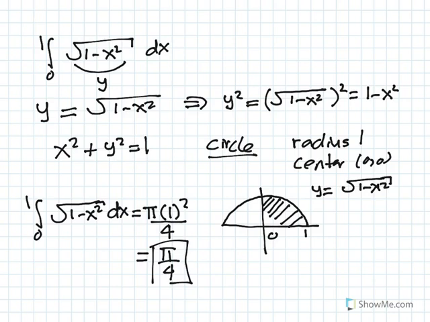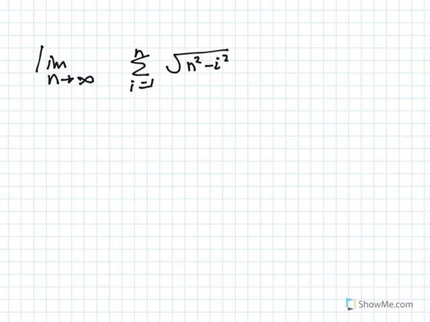So basically, we can say that the limit as n goes to infinity, summation i goes from 1 to n, root of n squared minus i squared divided by n squared, is equal to the integral from 0 to 1 of root of 1 minus x squared dx.